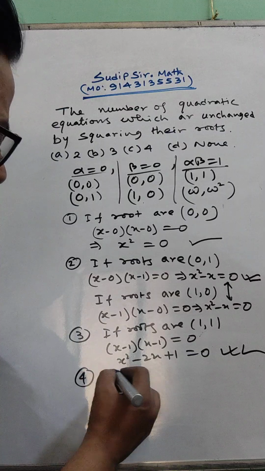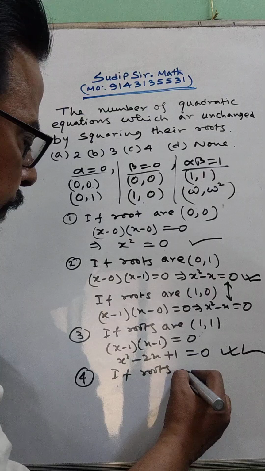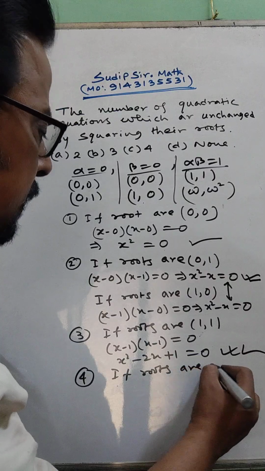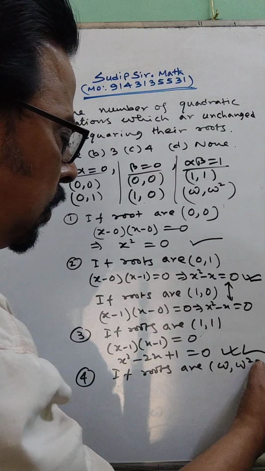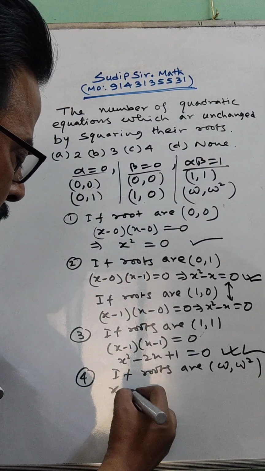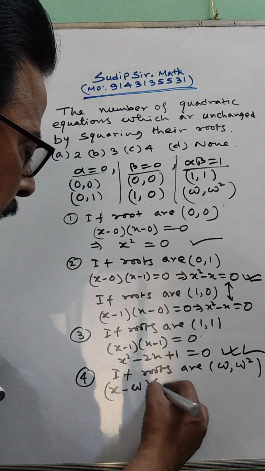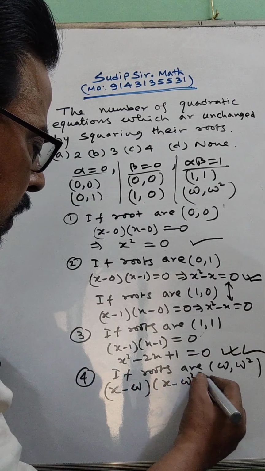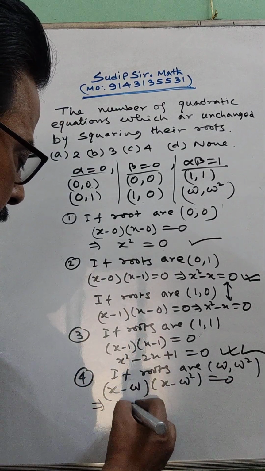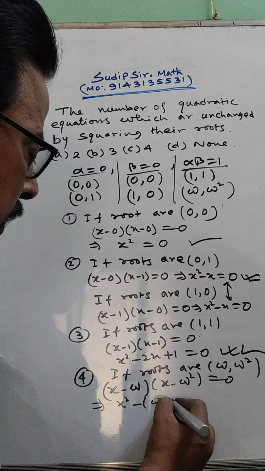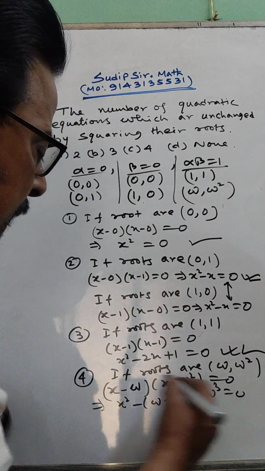And for the fourth condition, if roots are omega and omega square, then the equation will be x minus omega into x minus omega square equal to 0. That will be x square minus omega plus omega square x plus omega cube after multiplication.